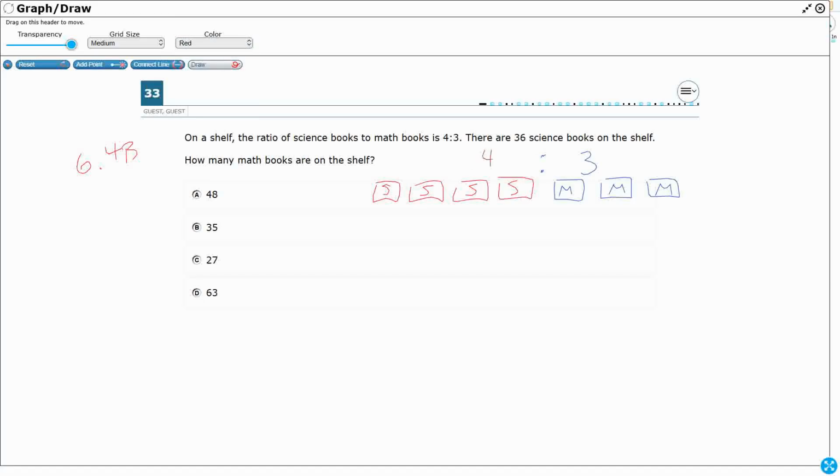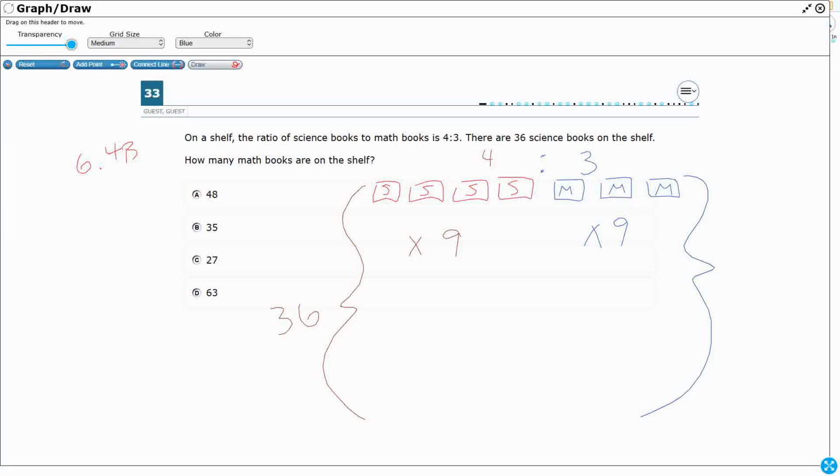All right, so there are 36 science books on the shelf. Okay, so I need to get this science all the way down to 36. Well, how many sets of 4 do I need? I need 9 sets of 4, because 9 rows of 4 would get me to 36, because 4 times 9 makes 36, which means this needs to be 9 sets as well.